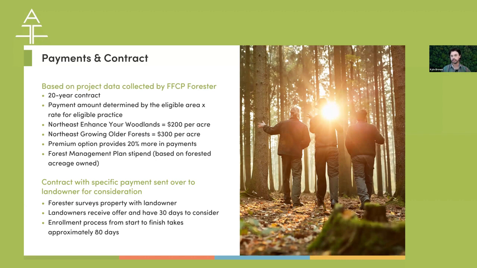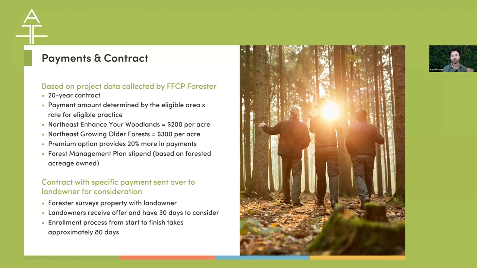And I can dive into this a little bit more on the next slide, but one thing I'd like to mention is that we currently have a premium option which will offer 20% more in payments. And then, of course, as a member of the program, you also get a forest management plan stipend if one of our own staff foresters doesn't draft your plan within those first 2 years. That stipend amount does vary depending on the amount of acreage that you own.